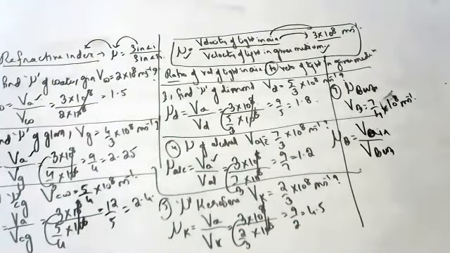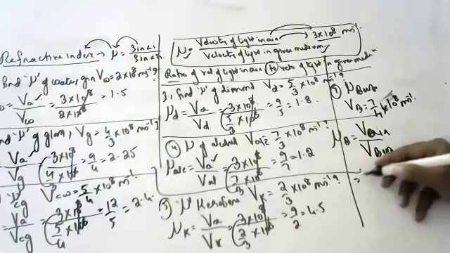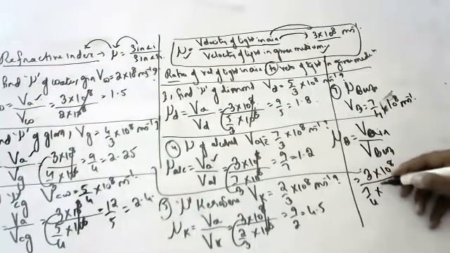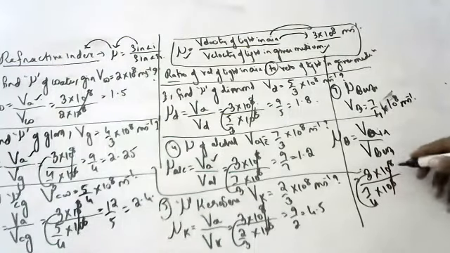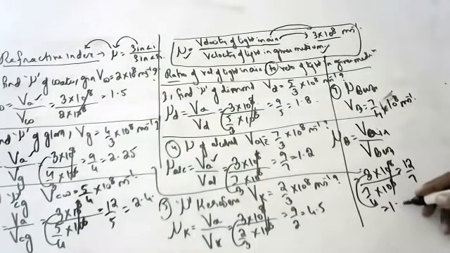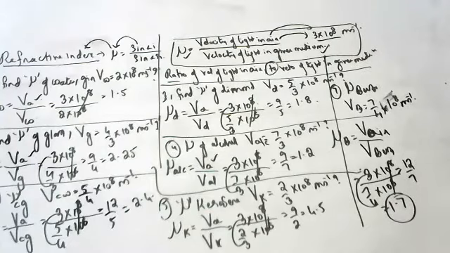Equal to 3 into 10 to the power 8 by 7 by 4 into 10 to the power of 8. Okay, how much is that? 12 by 7, that is 1.7 approximately. No units will be there.